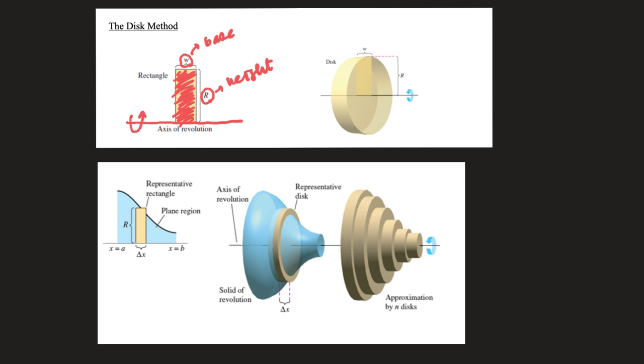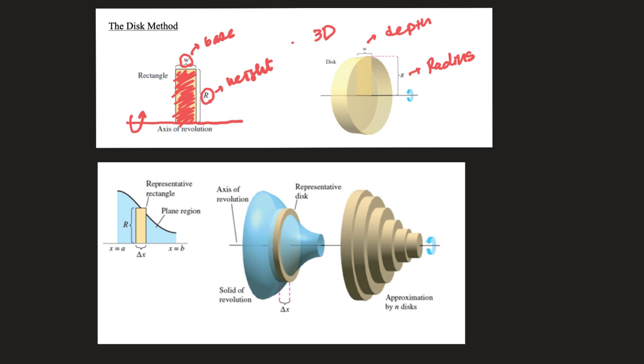Rotate it over the axis of revolution, and then you're going to see this disk shape. This W, the base, changes the depth of the disk, and r, the height, changes the radius. We call this a disk. That's the 2D to the 3D object.